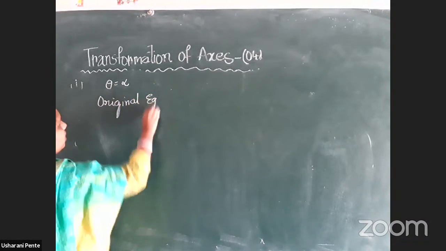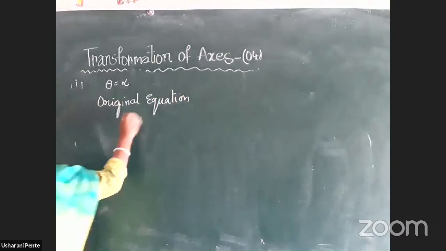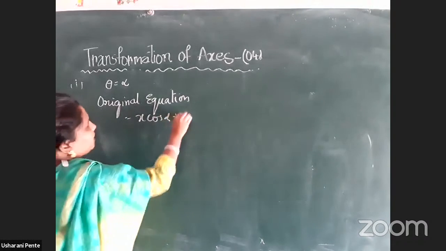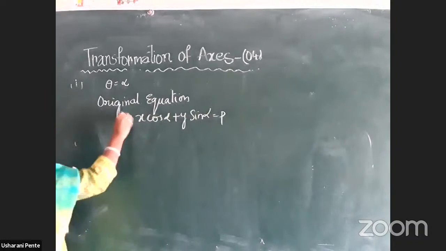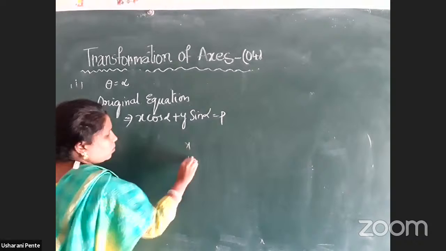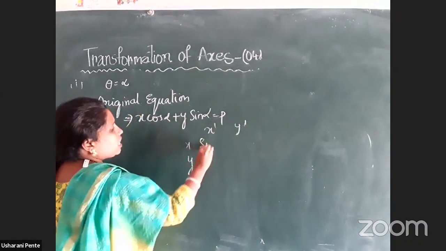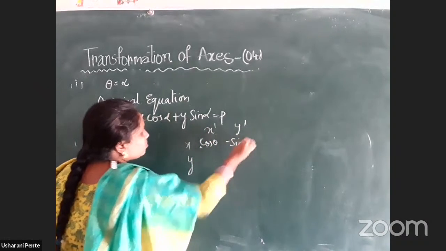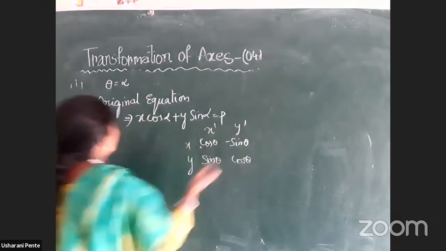The original equation here is x cos alpha plus y sin alpha is equal to p. So we know the coordinates x, y, x dash and y dash. If it is cos theta, this will be minus sin theta, and this is sin theta, and this is cos theta.